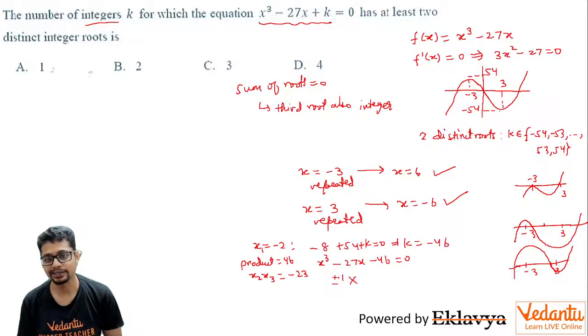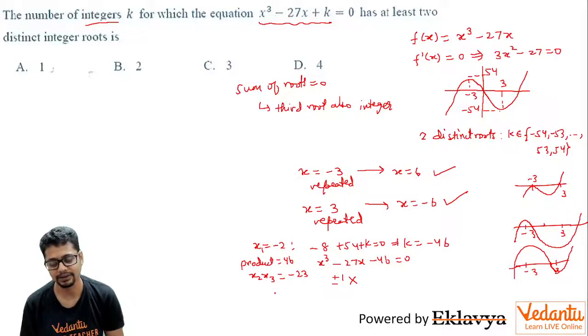If 1 doesn't satisfy, minus 23 would also not satisfy. If minus 1 doesn't satisfy, then 23 will also not satisfy, because the product of the remaining two roots is minus 23. And 23 is a prime number. So there is no other integral root if minus 2 is an integral root.